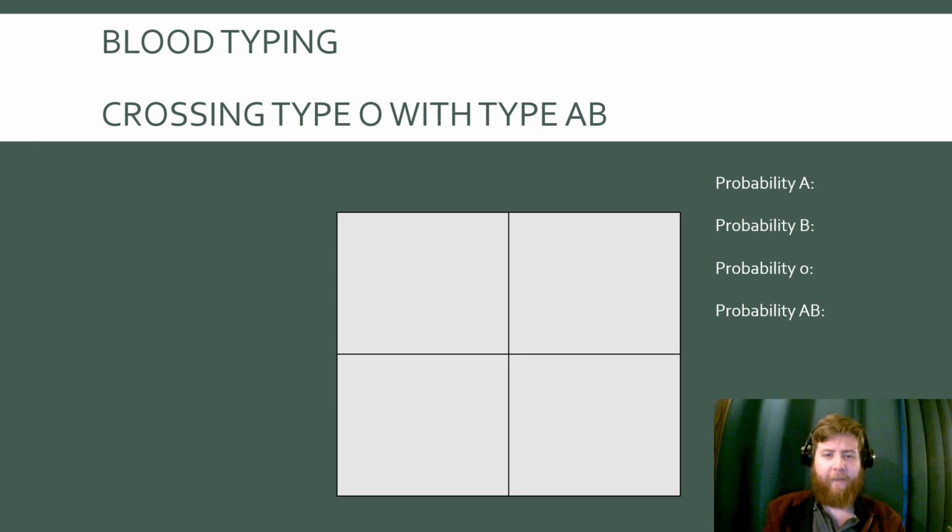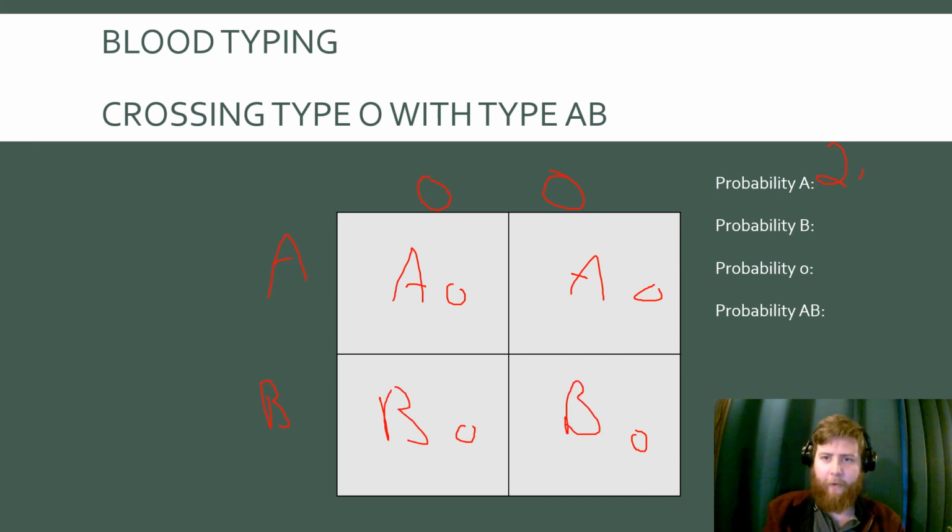All right, the next type, we're going to take type O and cross it with type AB. We'll bring the O's down, bring the A over, bring the B over.